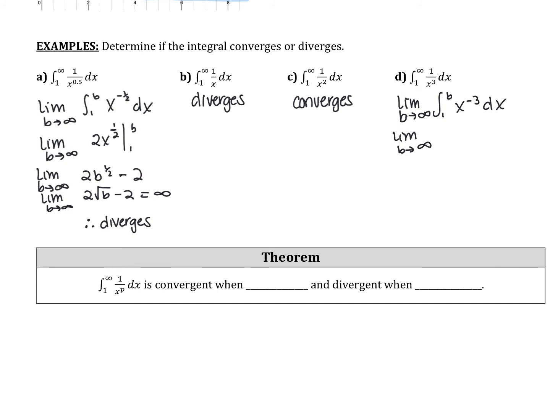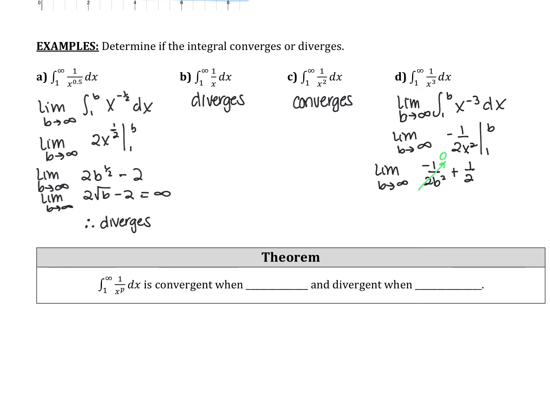Go up a degree, which would be negative 2, and divide by that degree. So this would be negative 1 over 2x squared, evaluated from 1 to b. So I'd be taking the limit as b approaches infinity of negative 1 over 2b squared plus 1 over 2, or minus negative 1 over 2, which would be plus 1 over 2. Now, the limit as b approaches infinity here, this one would go to 0.